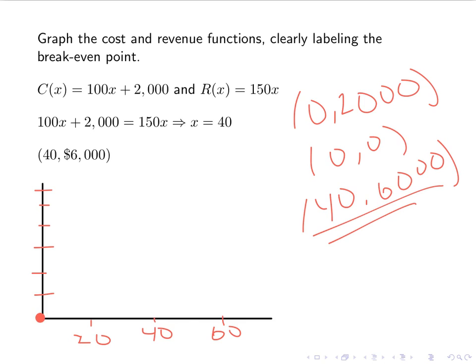So my 0, 0 is here, my 0, 2,000 is here, and my 40, 6,000 somewhere right near the middle. So these 3 points won't make a line on their own. Remember, these are from 2 different lines. So to make my lines, I'm going to connect each of my y-intercepts with the break-even point.